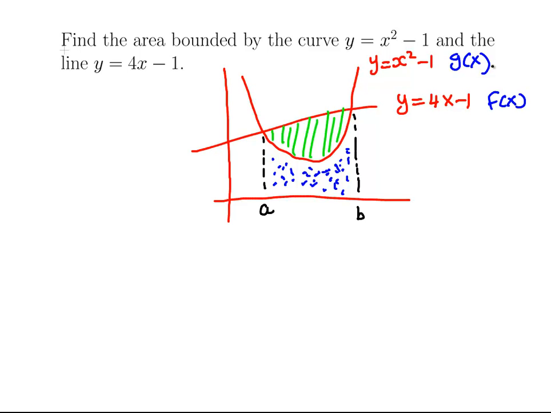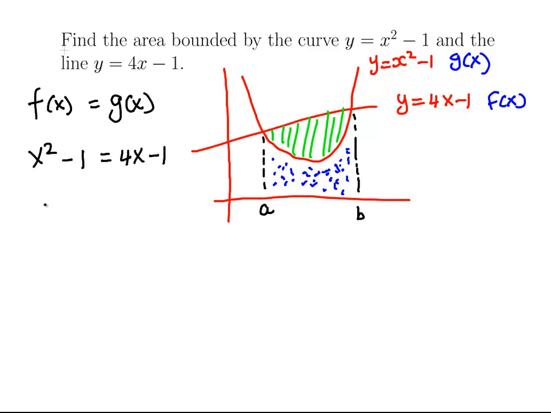So let's see now. Where is my solutions for this one? Let's just keep going. So find out the point of where is the a and b? Let f of x equals g of x. Okay. So x squared minus 1 equals 4x minus 1.